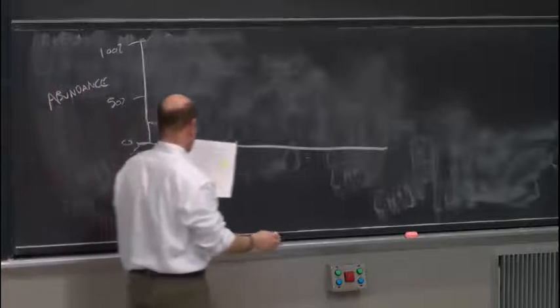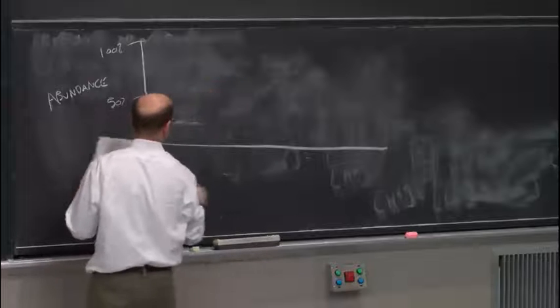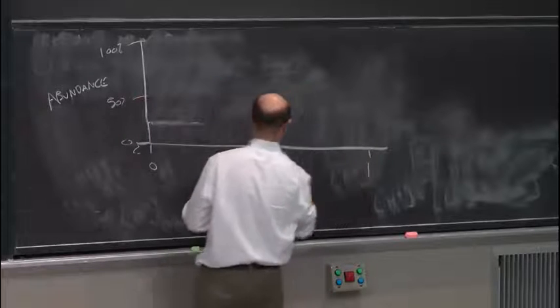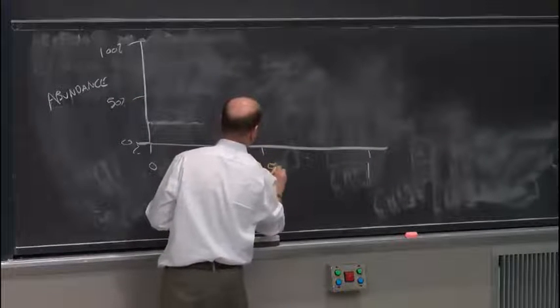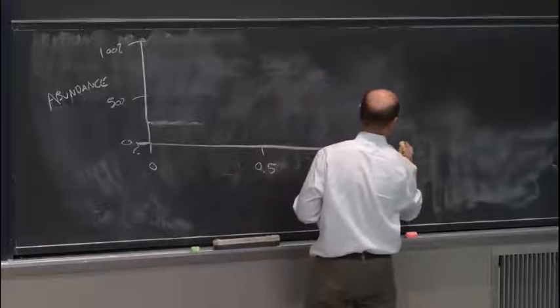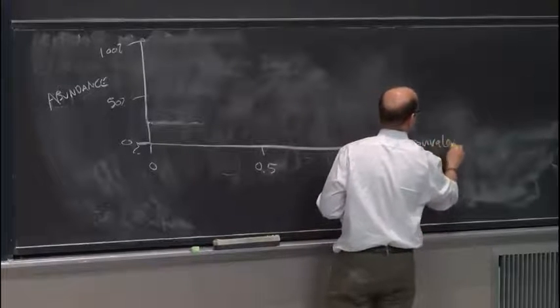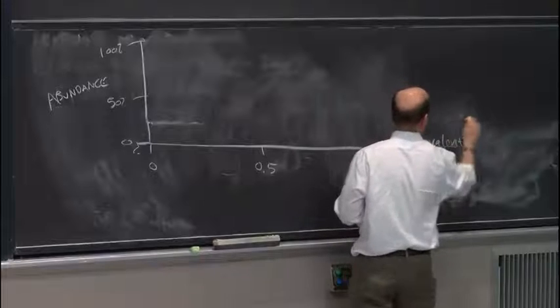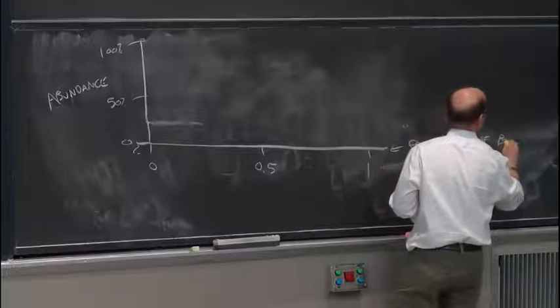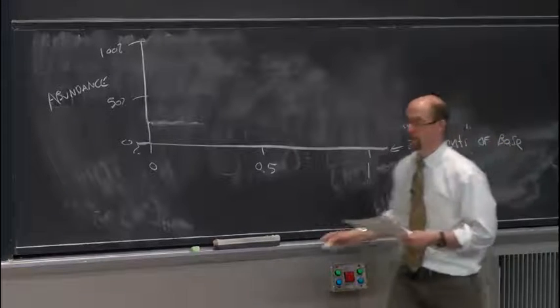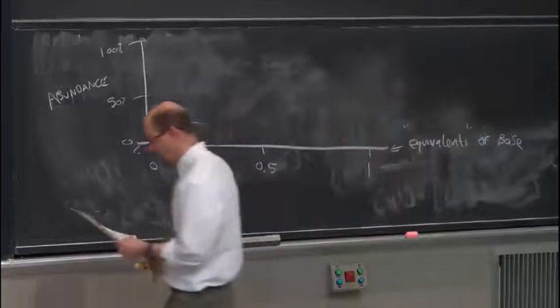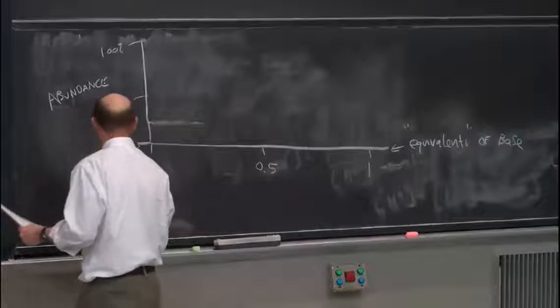And on this axis, 0, 0.5, 1. This is what we're going to call the equivalence of base, by which I mean the amount of base that's equivalent to the total amount of acid I have in the solution.